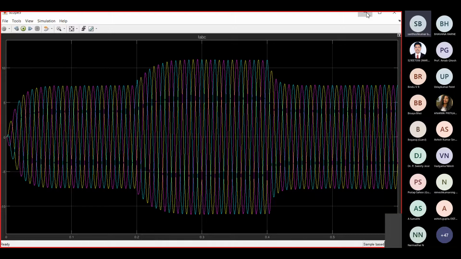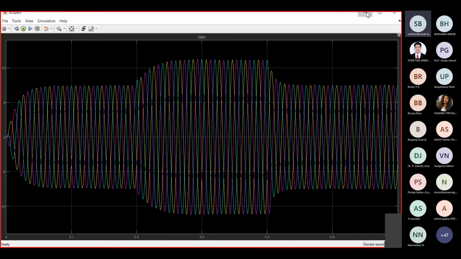These current control loops are very important parts in the droop control and virtual synchronous machine, which are well-known techniques for grid forming inverters.